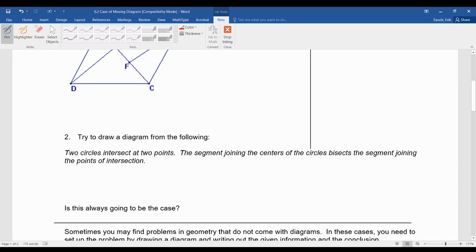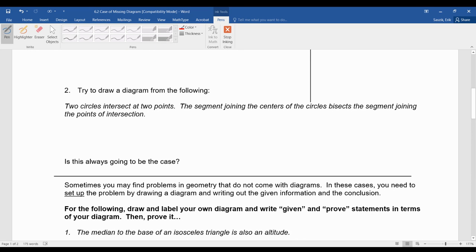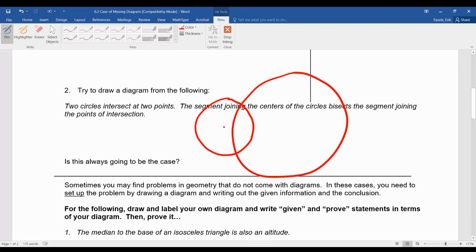It says, try to draw a diagram from the following. You should maybe stop this and try to do it yourself first. Sorry that you don't have much room here. It says 2 circles intersect at 2 points. So there's one circle. Not my best circles ever.